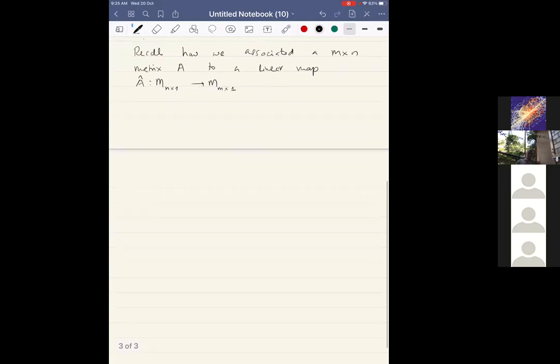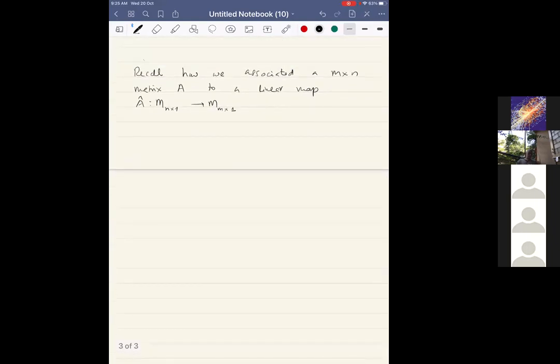So how do you do that? A hat E_i is equal to the sum over j equal to 1 to M of A_ji E_j prime.